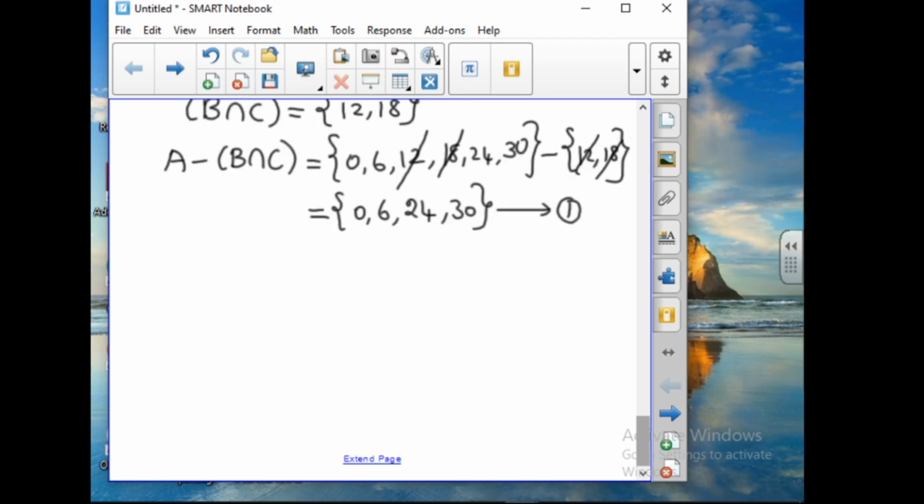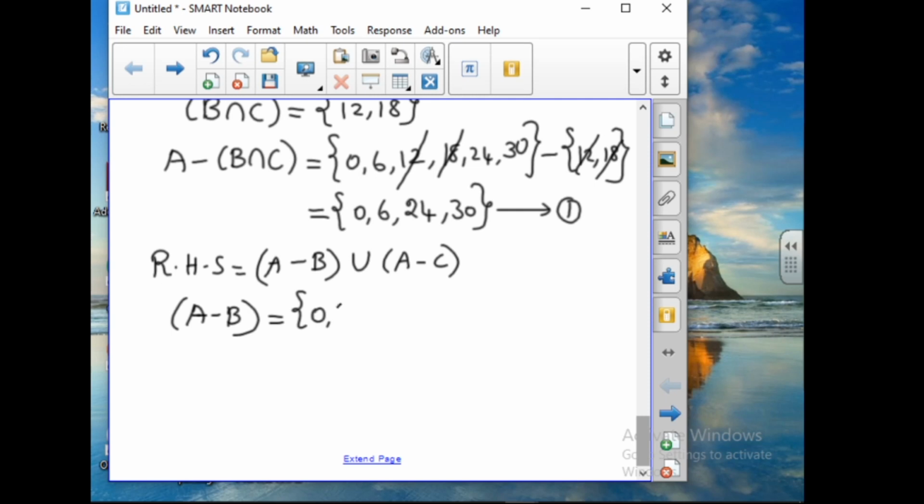Next you have to find RHS. RHS equal to A difference B union A difference C. In this, first you have to find A difference B. That is equal to A set is 0, 6, 12, 18, 24 and 30.